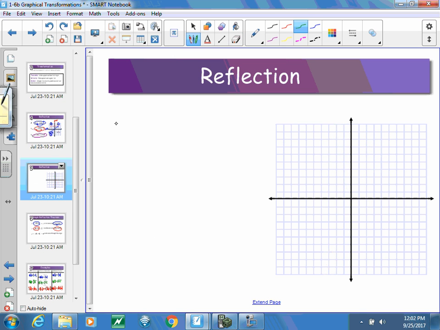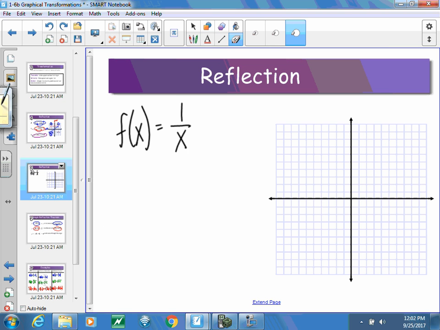All right, let's take the reciprocal function. So let's take f of x is equal to 1 over x. If I were to take this function and do a reflection over the y-axis, that would be f of negative x.